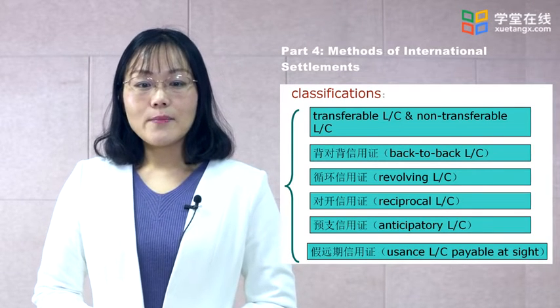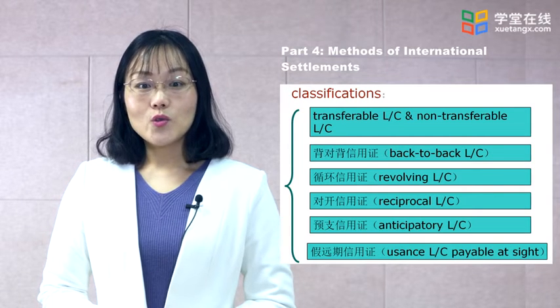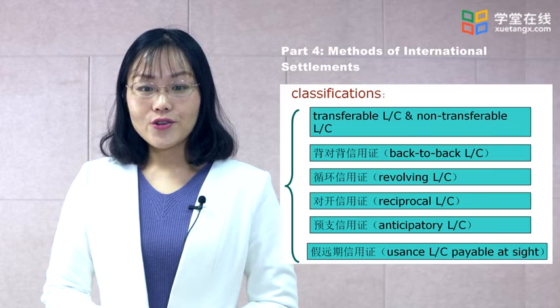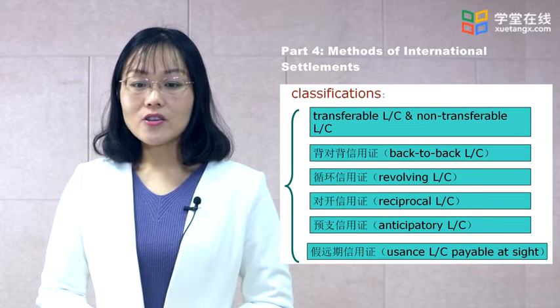The second type of credit is a reciprocal credit, which is usually connected with a barter transaction.